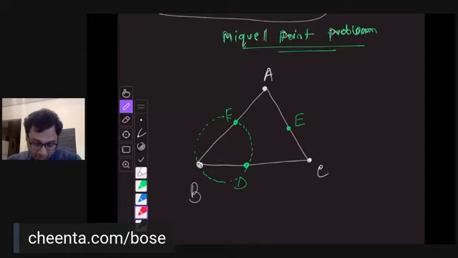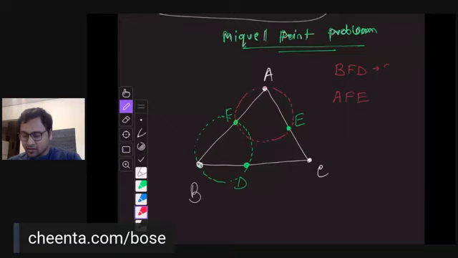Through any 3 points which are not on the same line, you can always draw a circle. So the first circle is BFD. And then I draw another circle AFE. So this is circle 1. This is circle 2.